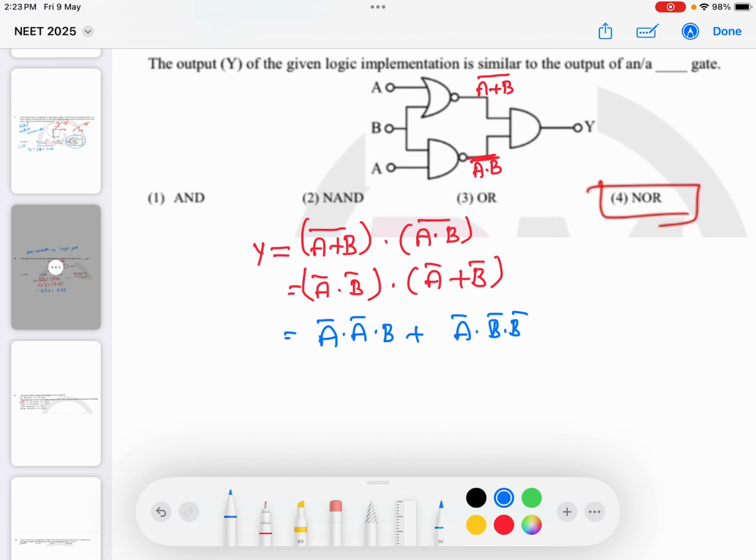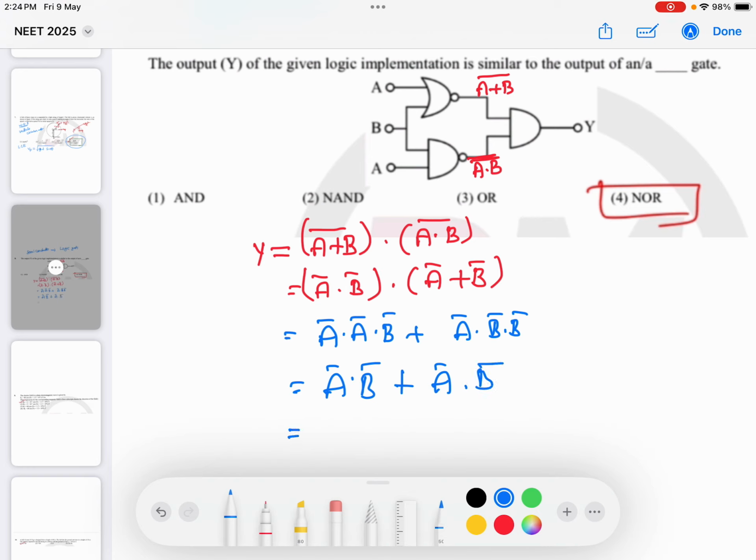A complement into A complement means A into A, very simple, logic gates. A complement into A complement is nothing but A complement. Here B complement is there. A complement and B complement plus A complement and B complement.